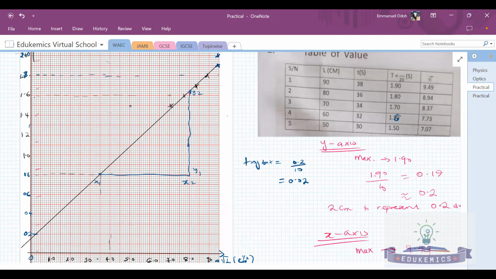So I trace x1 to this place, and y2 to this place, and y1 to this. Good. So I can go back to my work.